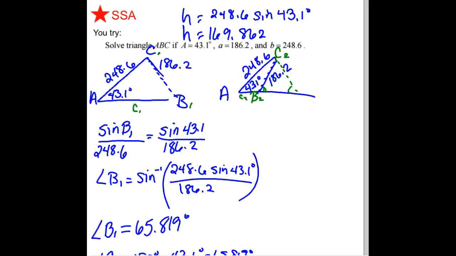So if we found this angle to be, what was it, 65.819, then this angle here is 65.819. And how can we find the inside angle B there? Right. So angle B2 is simply 180 minus angle B1. Which is what? 114 point.